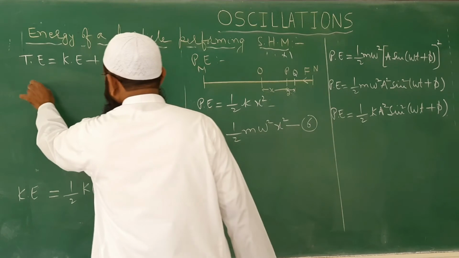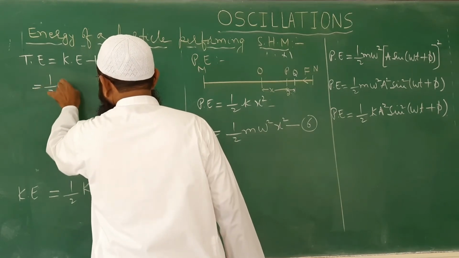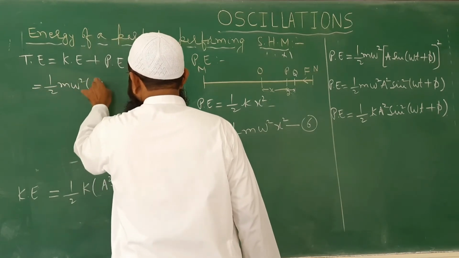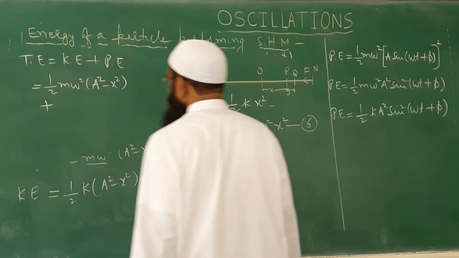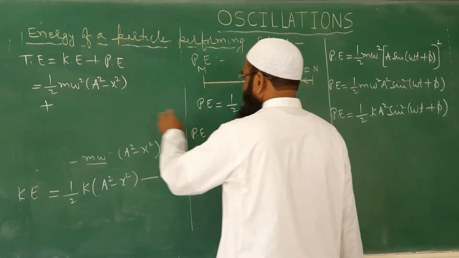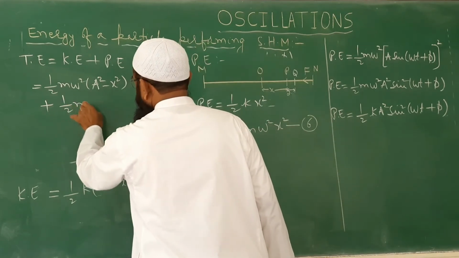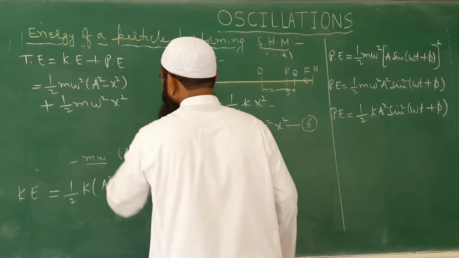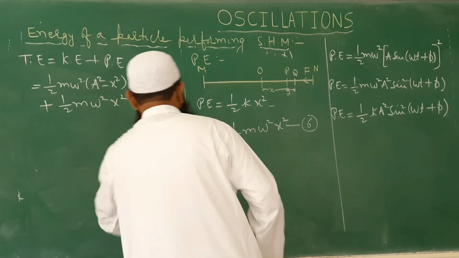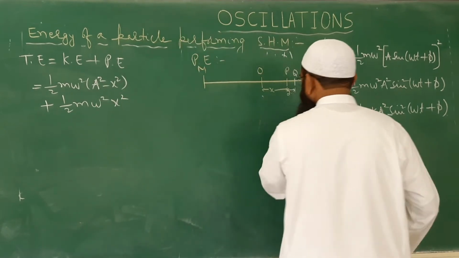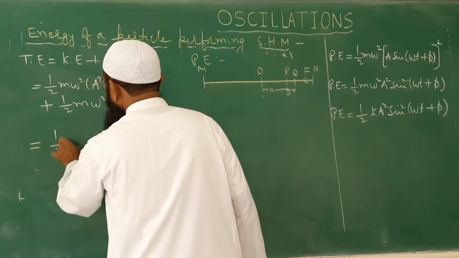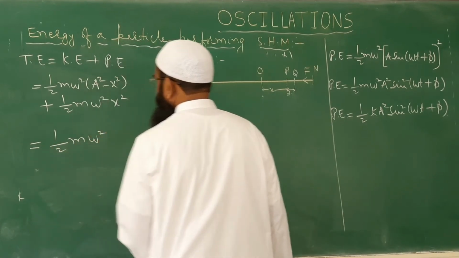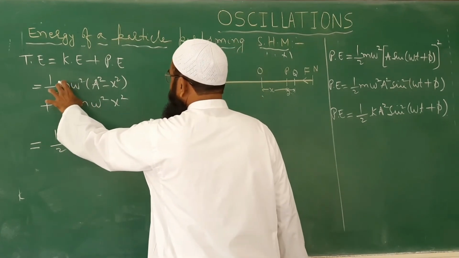So how much is kinetic energy? Half m omega square (a square minus x square) plus potential energy, half m omega square x square. Half m omega square is common in these two terms.